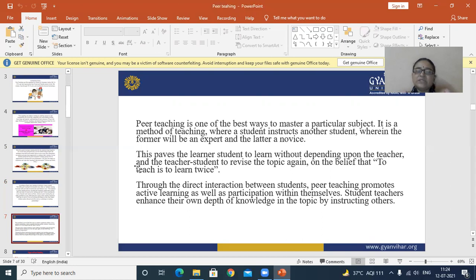Peer teaching is one of the best ways to master a particular subject. It is a method of teaching where a student instructs another student, where the former will be the expert and the latter a novice.